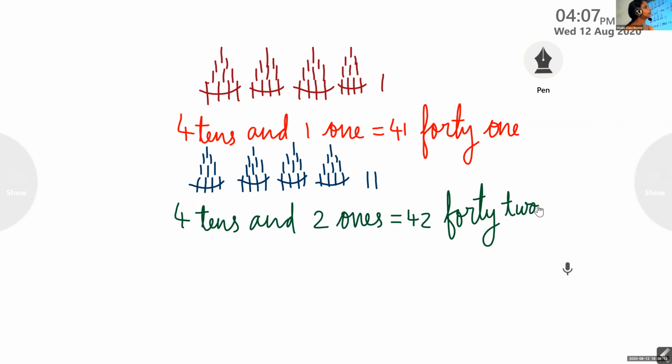What's the next number? 43. How many tens and how many ones? 4 tens and 3 ones. Very good.